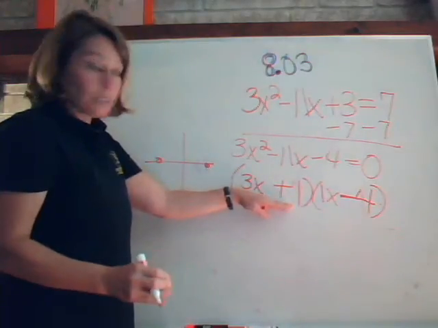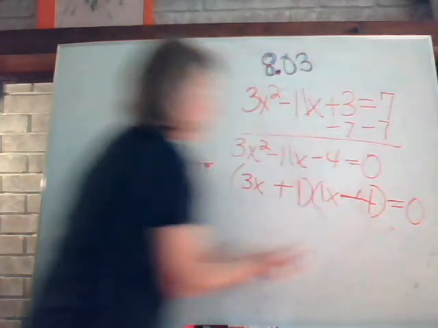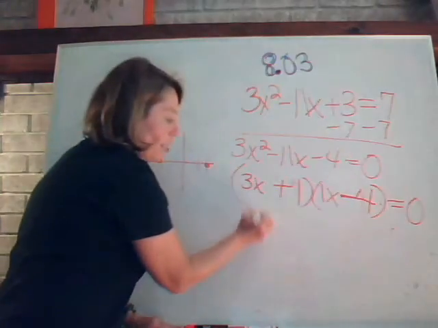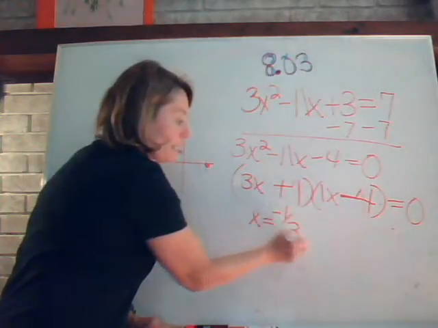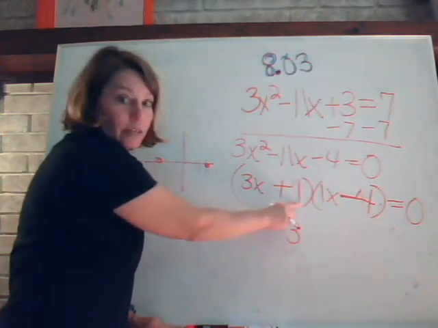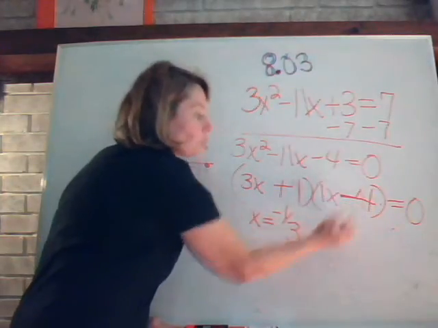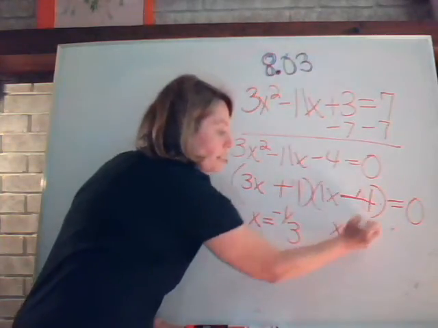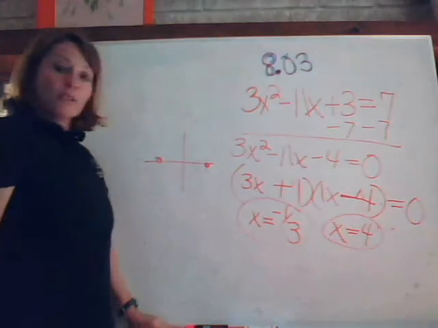Set each part equal to 0, because this times this equals 0. So my two solutions are x equals negative 1/3. How did I get that? I set that equal to 0 and solved it. What is this one? x equals positive 4, because I set it equal to 0 and I solved it. So there are my two solutions.